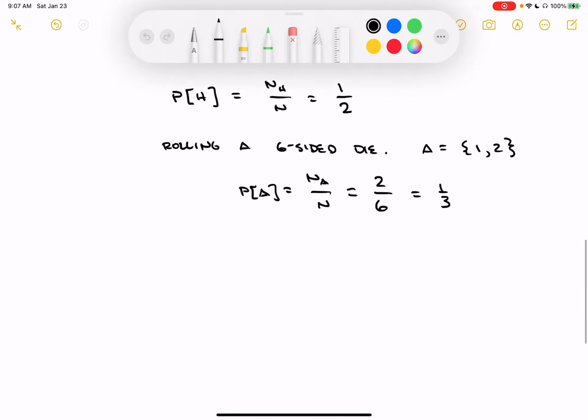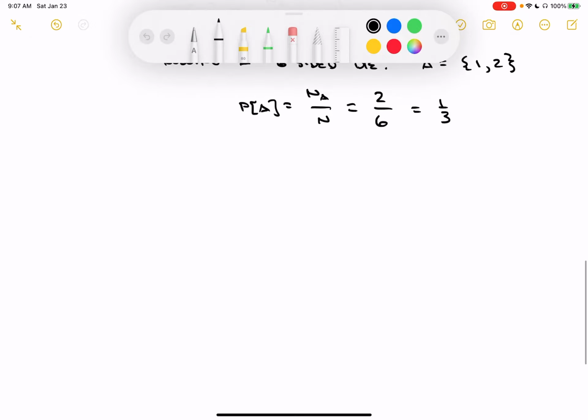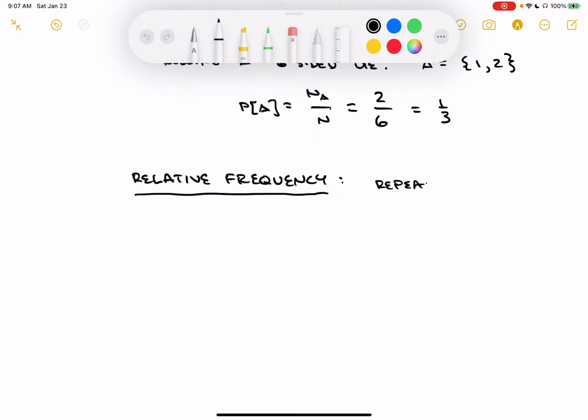This is not the only way, of course, to think about probability, so let's look at another one. Let's look at an idea called relative frequency. We can look at what is called a relative frequency approach to probability, and it looks something like this. We repeat an experiment n times.